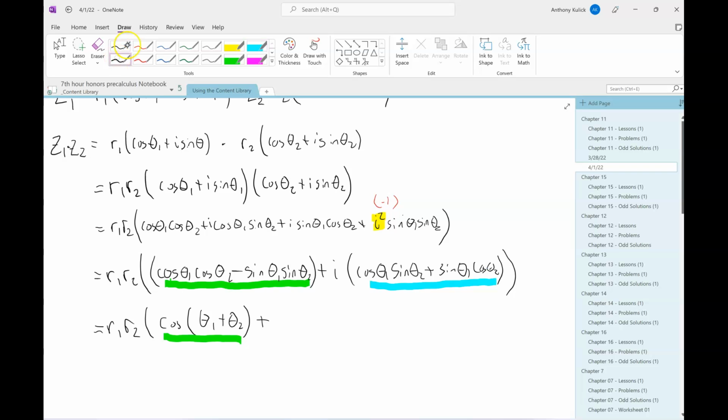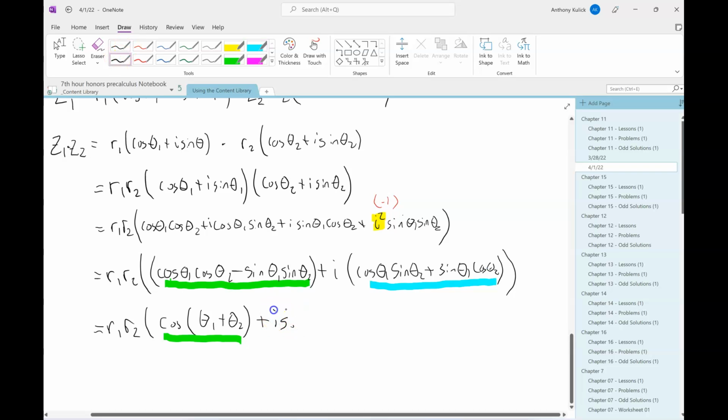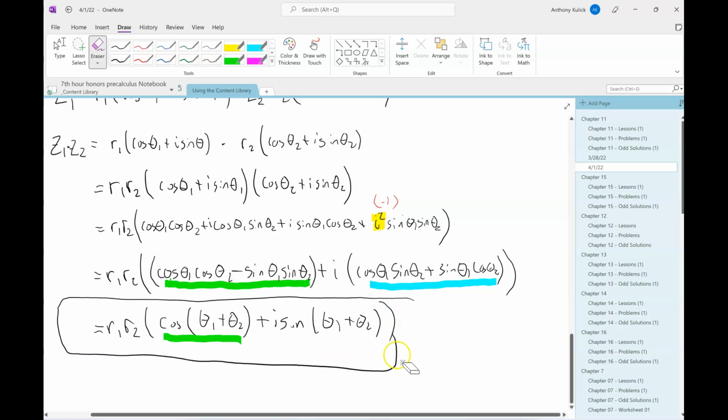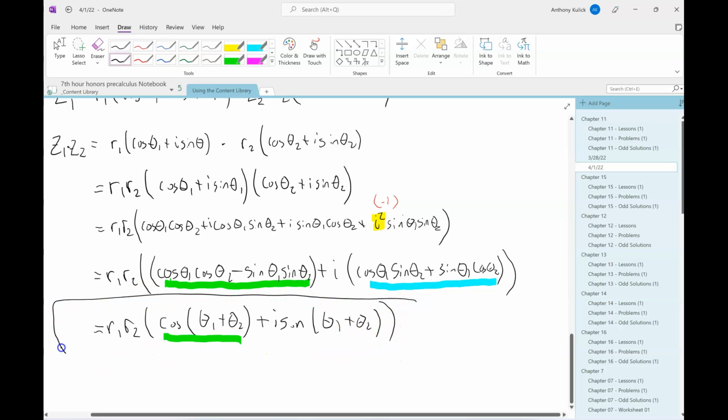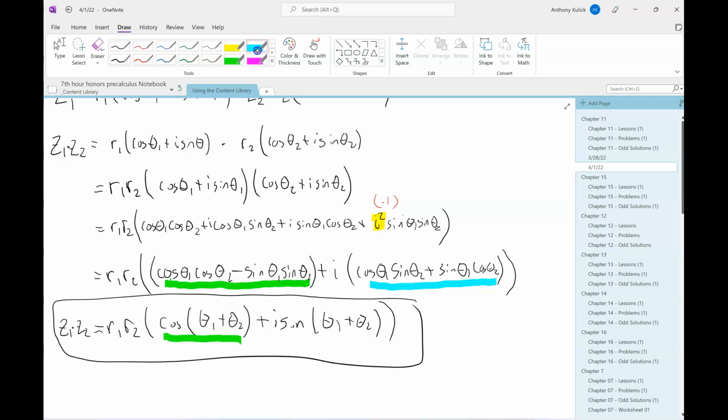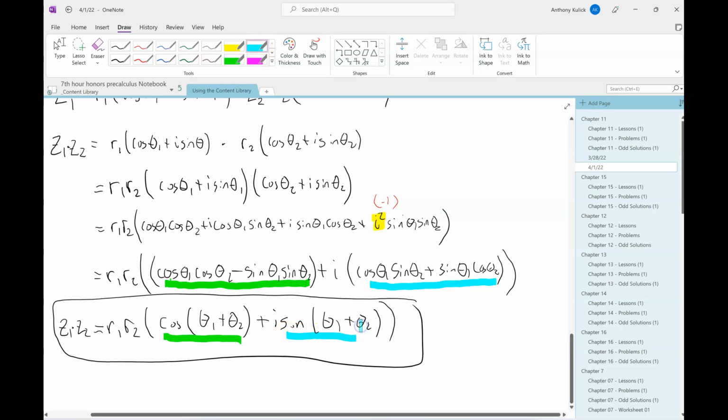That's the sine of the sum of two angles. And that is muy bueno right there. That becomes one Mac Daddy of a shortcut.